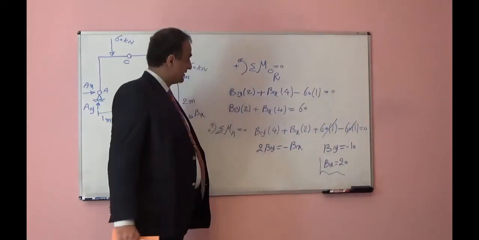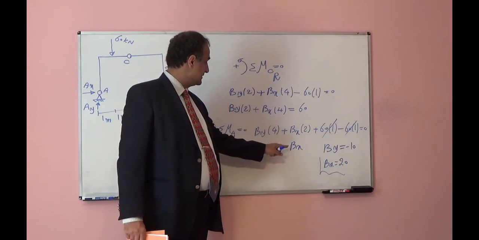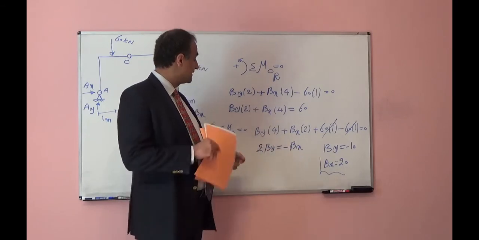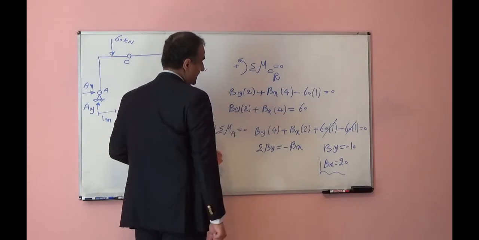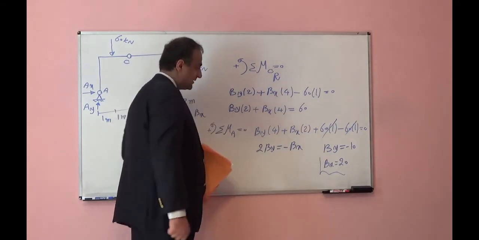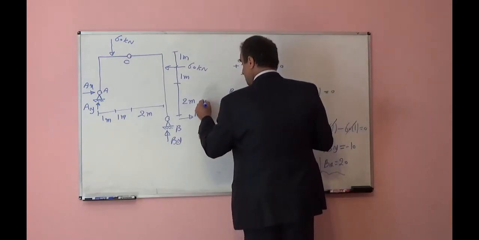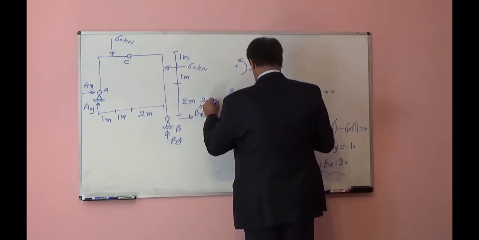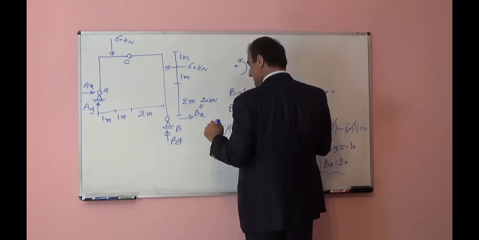Bx will be 20 kilonewton and By will be negative 10.